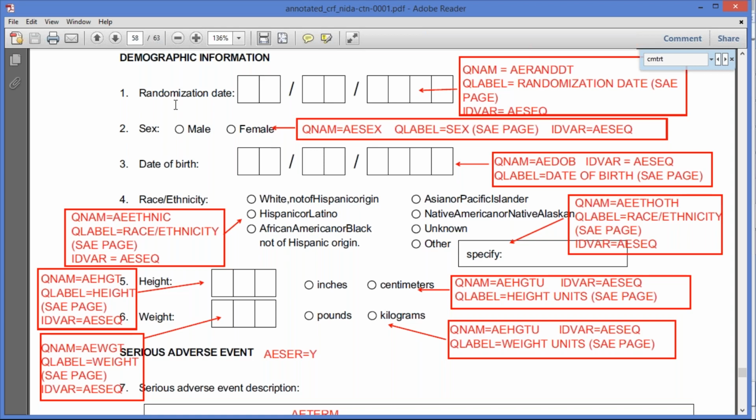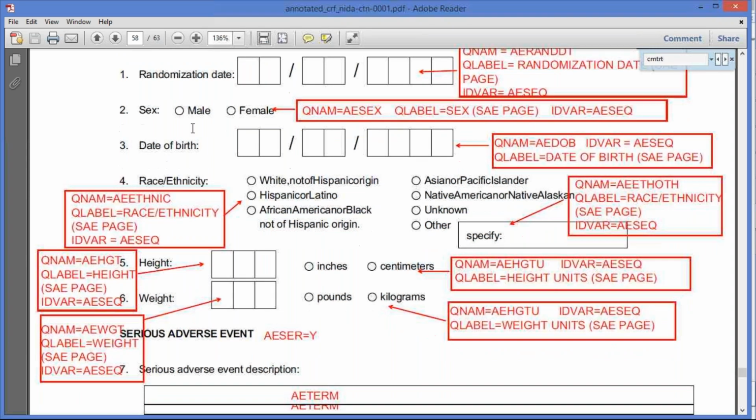Demographic information: gender, date of birth, race, ethnicity, height, weight. So these are general details of the patient.